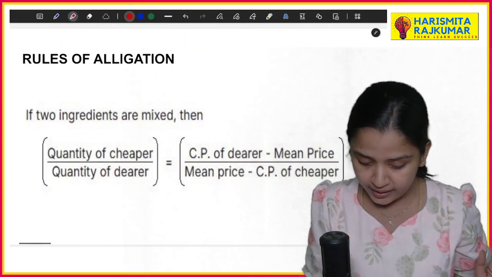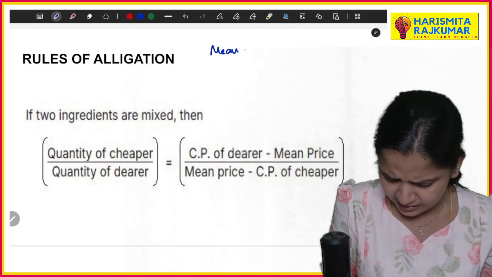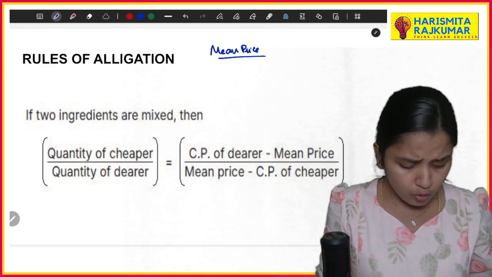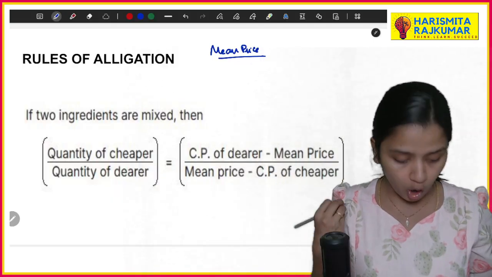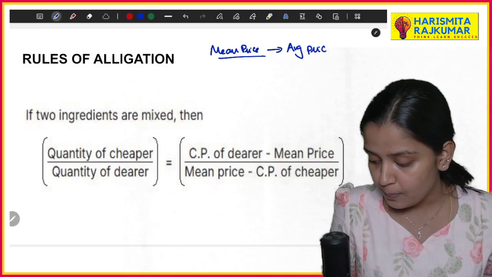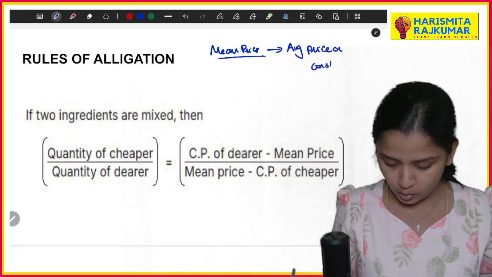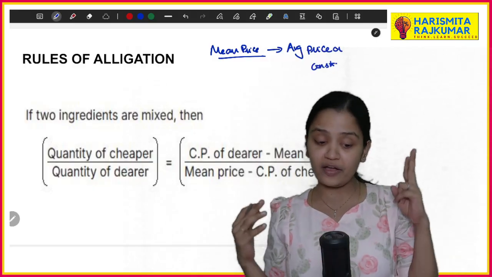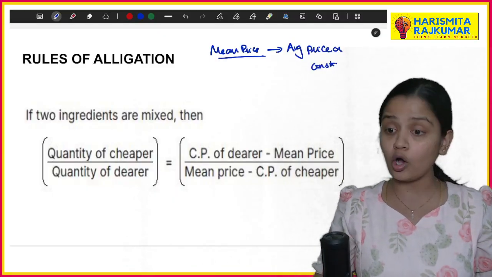Before going to the rules of allegation, let me tell you what the mean price or mean value is. Mean price or mean value is basically the average price or concentration. You have 2 mixtures: quantity of cheaper and quantity of dearer.